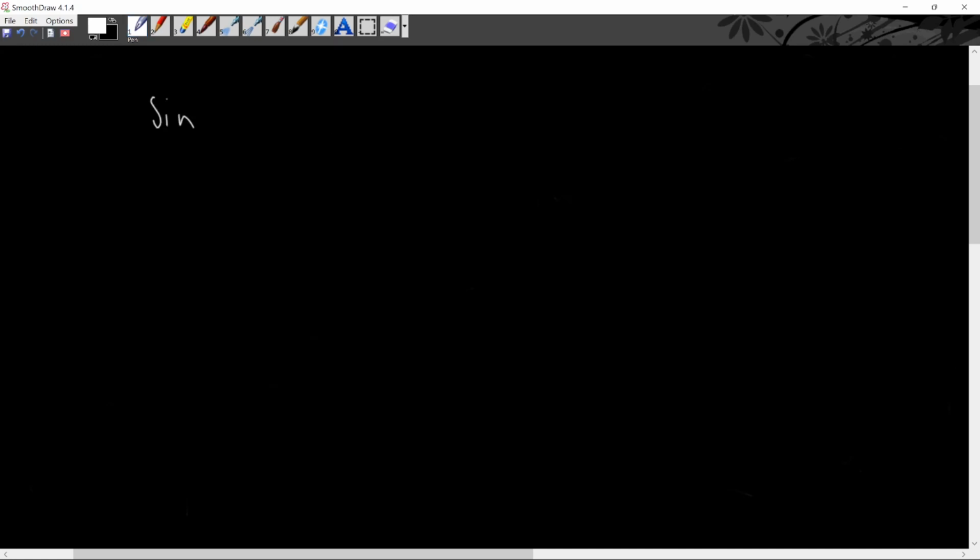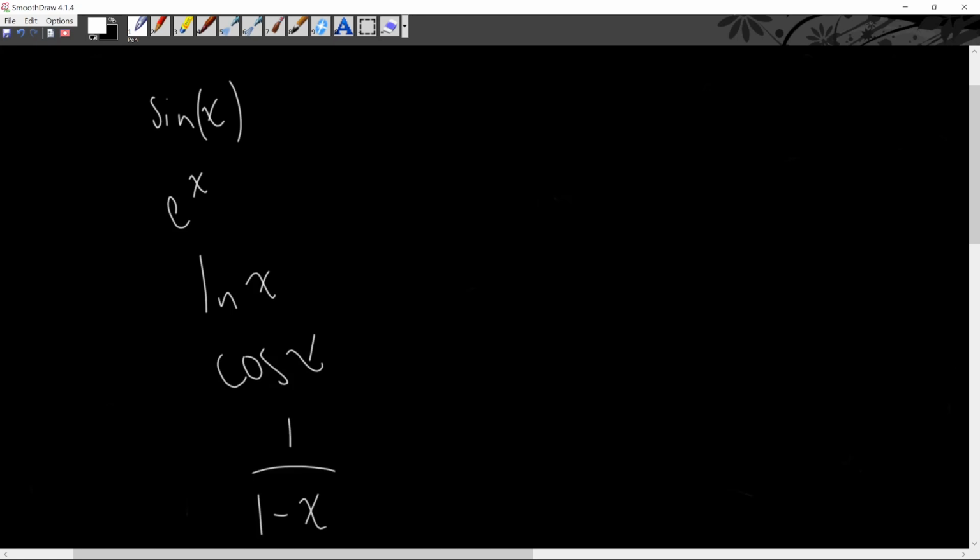But for sine x, e to the x, ln x, cosine x, and 1 over 1 minus x, which we are also going to do, and just some general things, we should be able to just say that this is x minus 0, right?